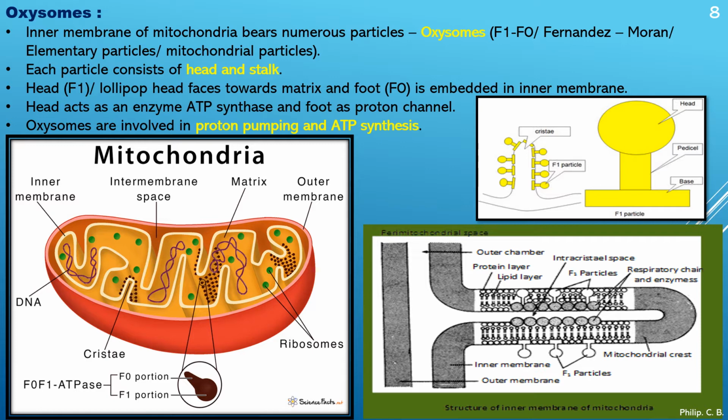Towards the right, as I showed, are the higher magnifications of the oxysomes and the cristae. Again you can see the structure of the inner membrane of mitochondria, that is a single fold of cristae, where you can see the outer chamber, protein layer, lipid layer, intercrystal space that is between the cristae, F1 particles, respiratory chain and enzymes, mitochondrial crest, F1 particles, inner membrane, and the outer membrane.